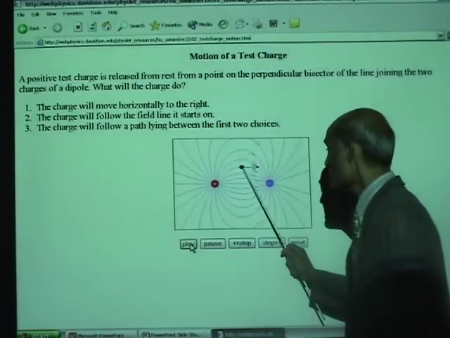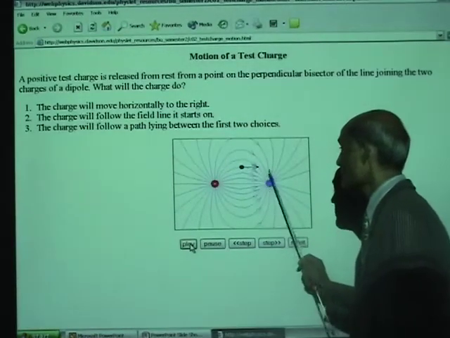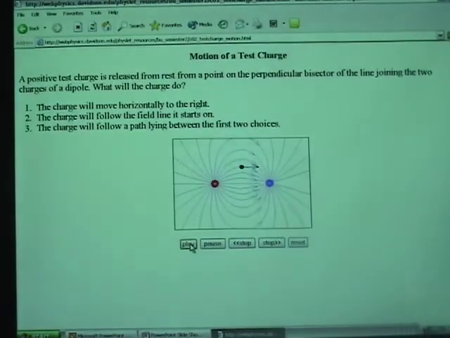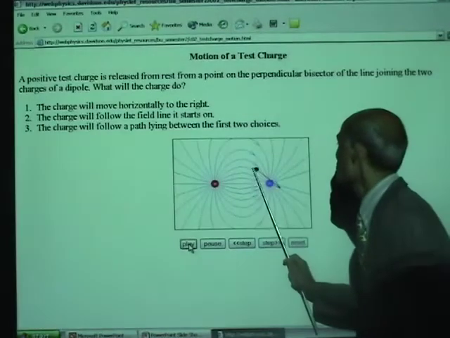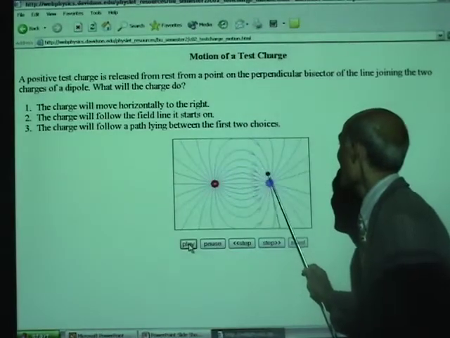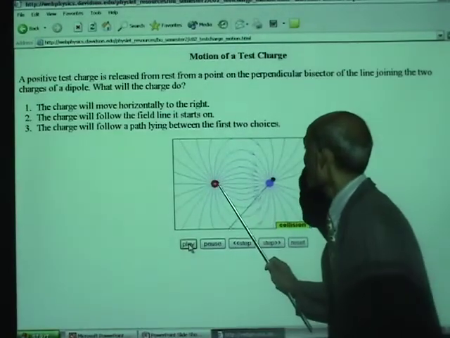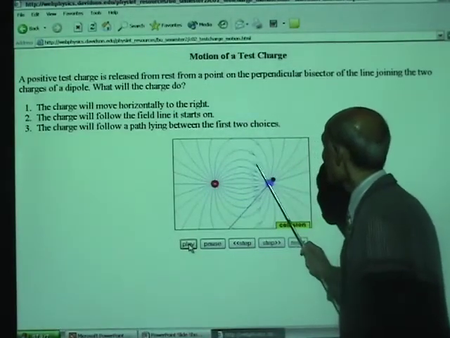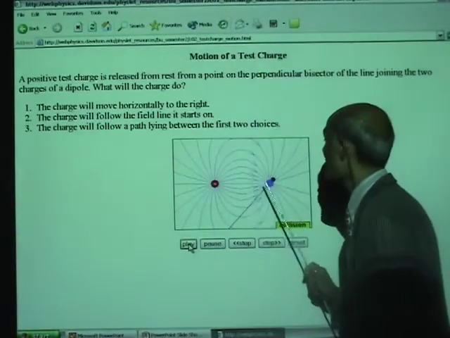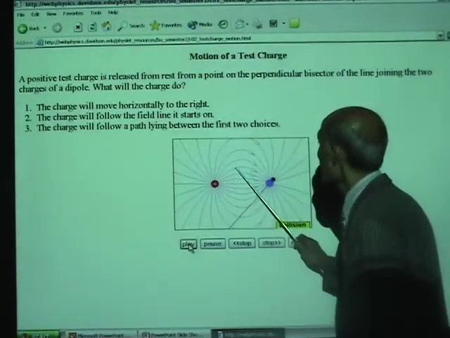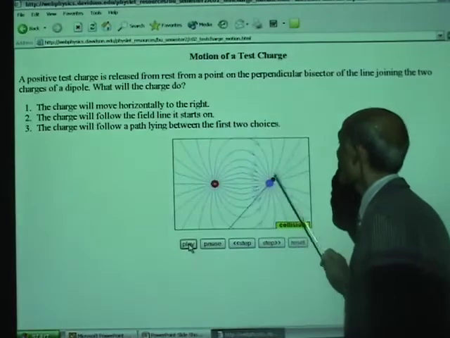That means it will take a curved path. Is that right? Now watch, I'm going to make it move. Is it going to move? Yes, it is moving. Under the influence of the two forces, the positive charge repels it and the negative charge attracts it, so it moved along that curved path.